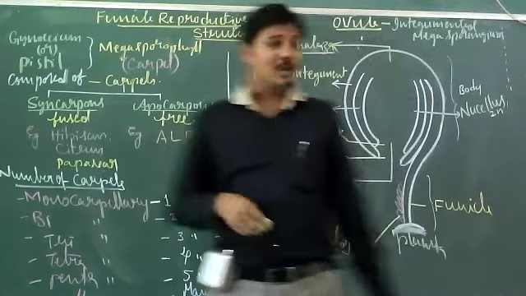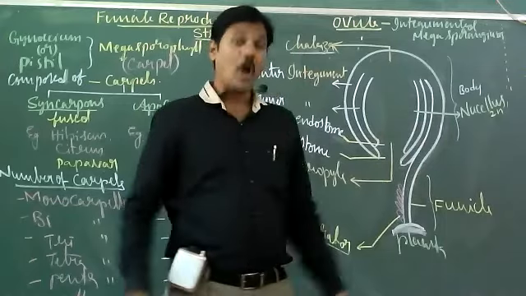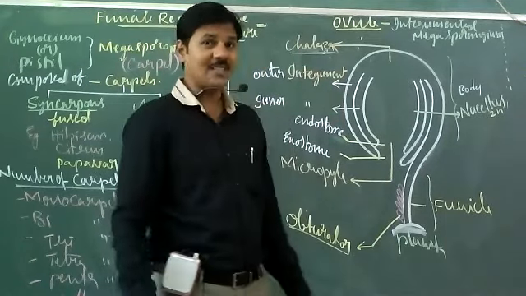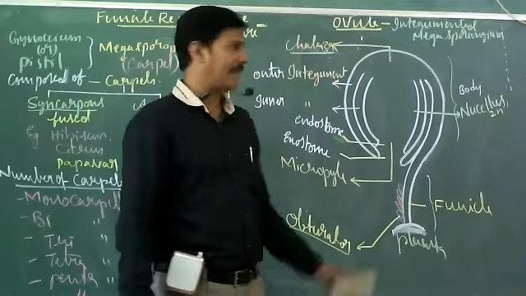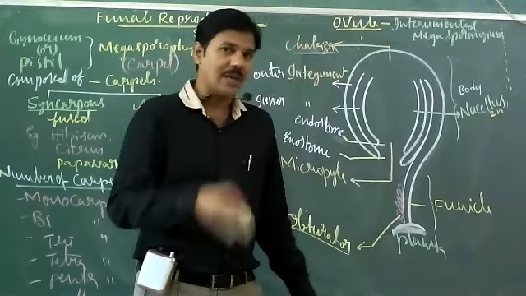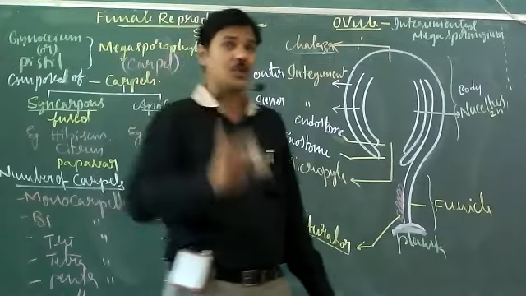Sir, you are specifying only this one, then what about other structures? All the other structures are also diploid. But in the examination, they are asking this one. That's why I specified nucellus is a diploid tissue, parent sporophytic tissue.